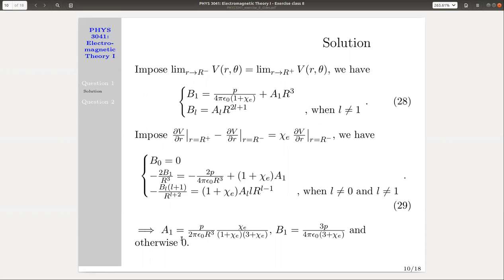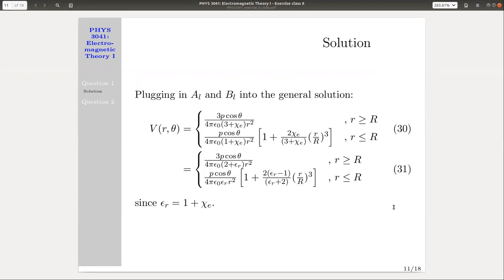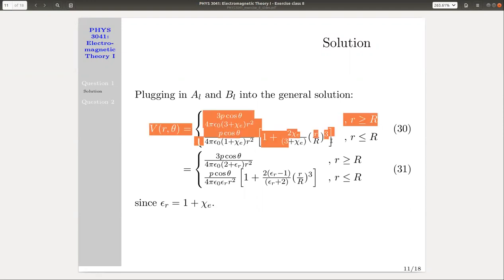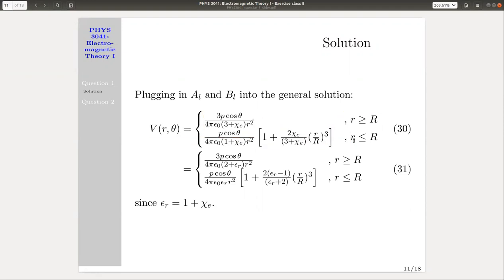So here is A1, and here is B1. Then we can simply plug the coefficients that we just obtained into the general solution. Then you should be able to get the expression here, which is our final answer.